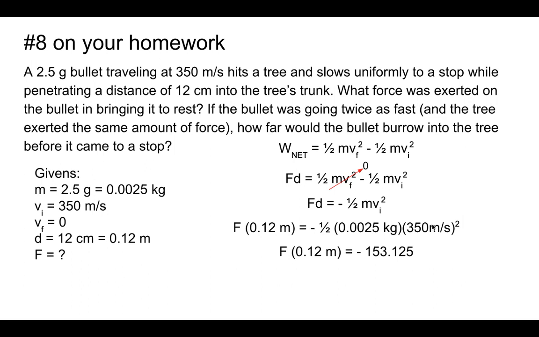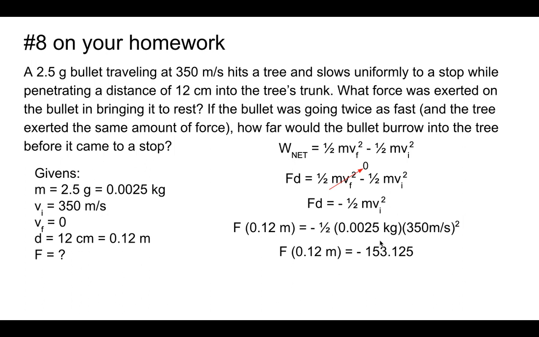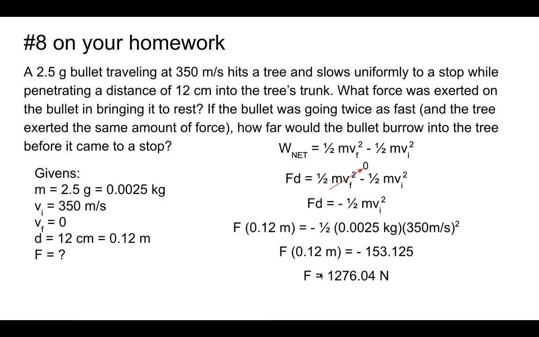I plugged the right-hand side into my calculator first, and we get negative 153.125, and the unit for this is joules. Then we divide both sides by 0.12 meters in order to solve for force, and we get a force of negative 1,276.04 newtons.